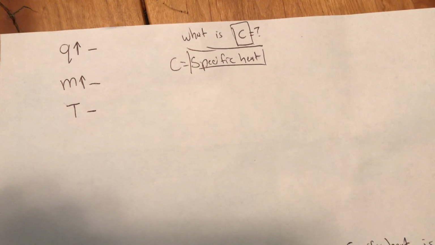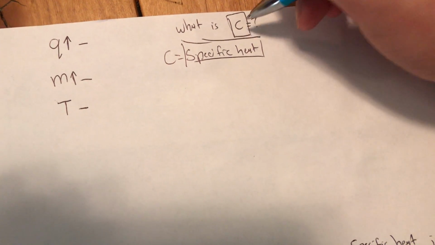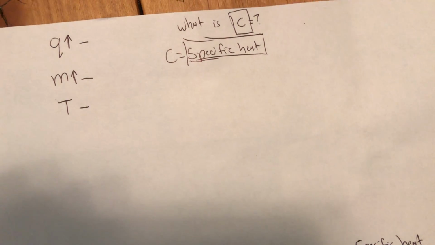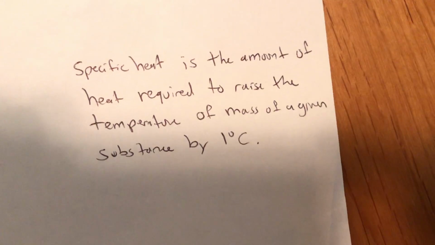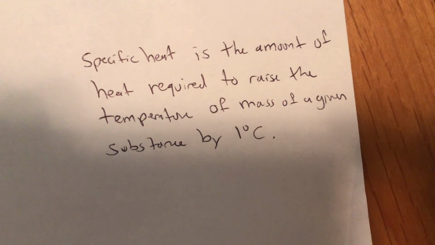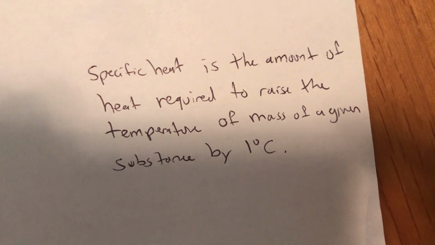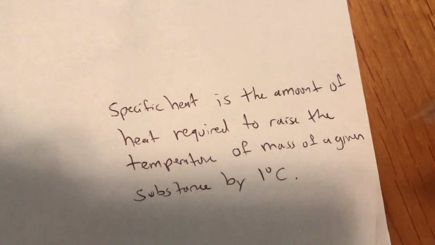And then there's also this other letter there called C. You should have seen the C. What is C? C stands for specific heat. And what is specific heat? Specific heat is the amount of heat required to raise the temperature of a given mass of a substance by 1 degree.